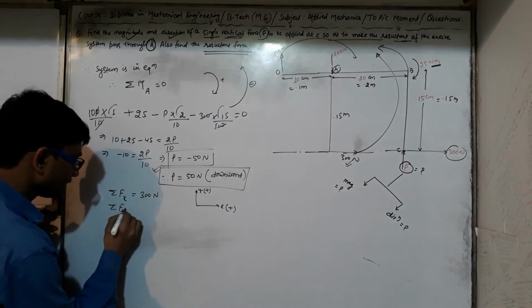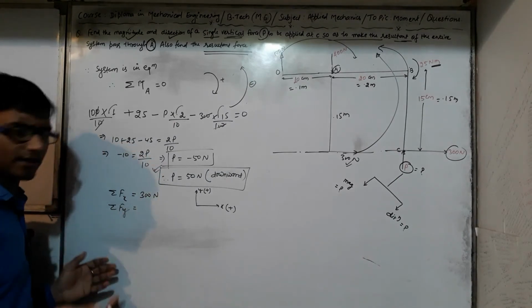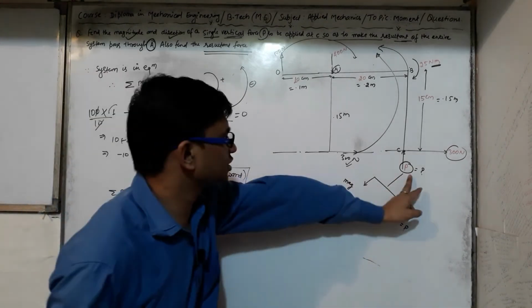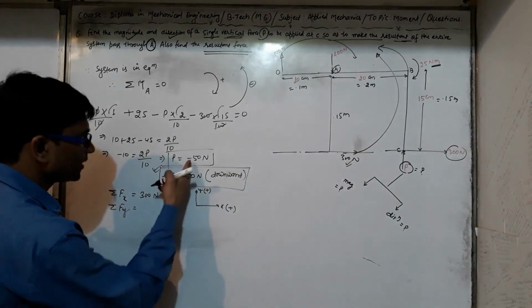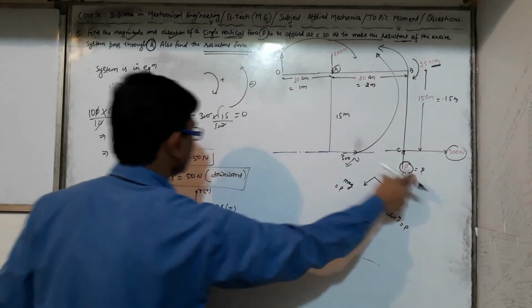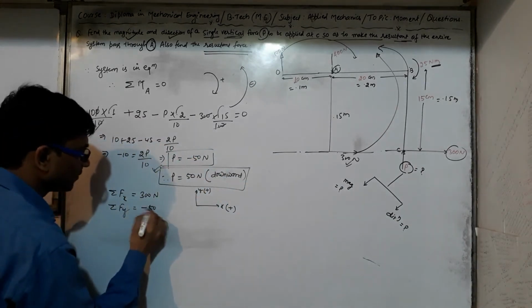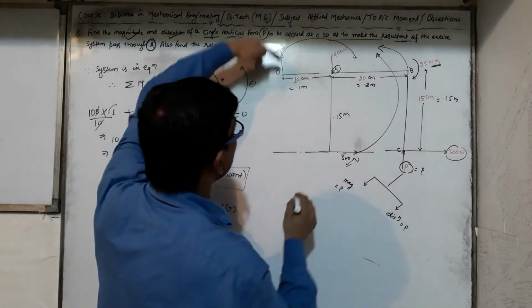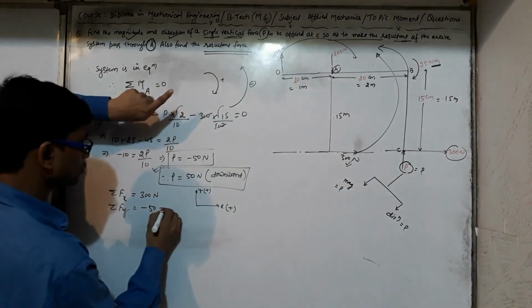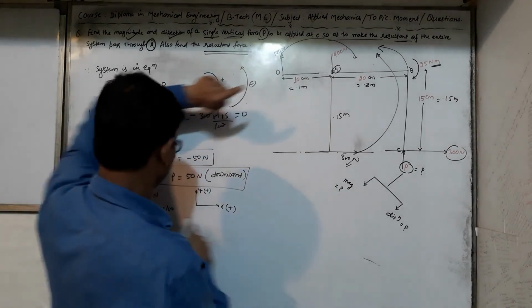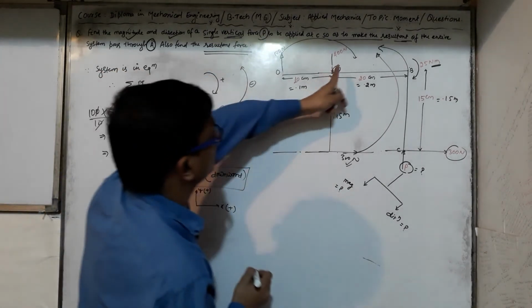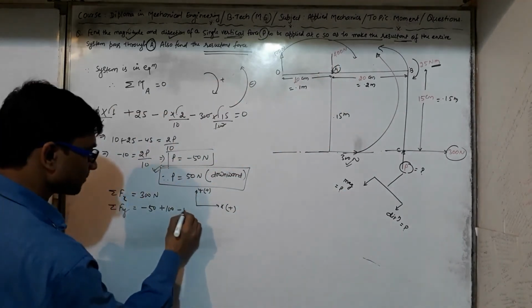Summation of all vertical forces along the y direction. So one force is P, whose value, if I am taking the upward direction, is minus 50. Now one force is 100, which is also acting in the upward direction, so it is taken as positive, and 400 is in the downward direction, so minus 400.